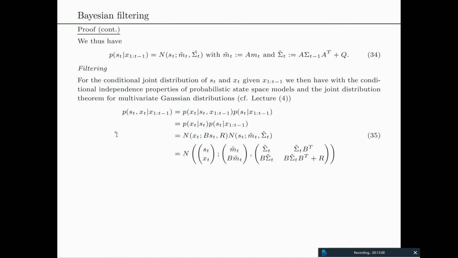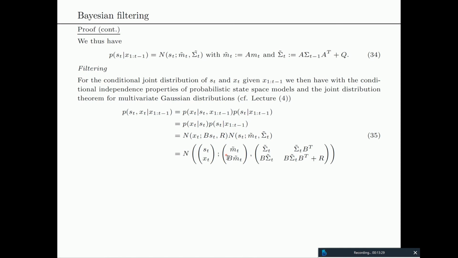This one can again do using the conditional Gaussian theorem, and for example, based on this joint distribution, then infer the parameters of s_t, the distribution of s_t given x_1 to t.